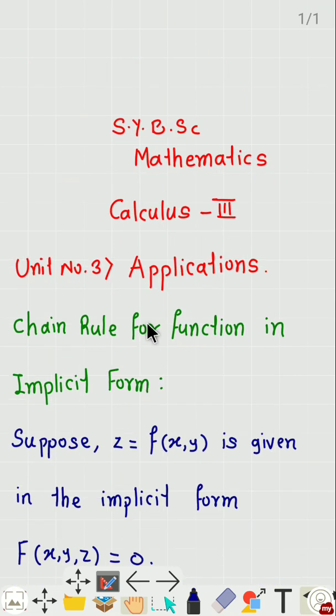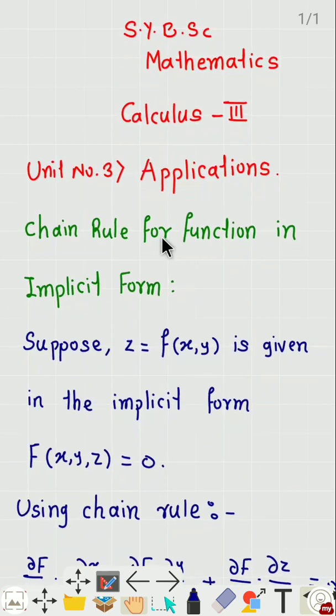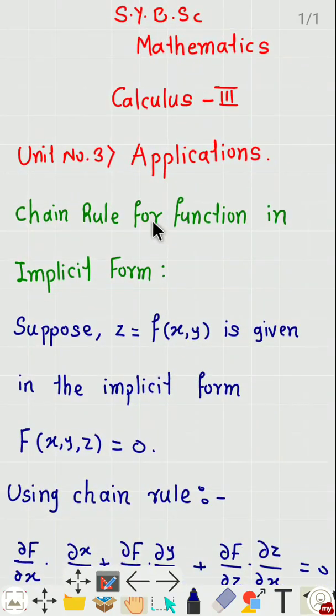In this SYBSC Mathematics class, in this lecture we learn about unit number 3, applications: chain rule for functions in implicit form. Suppose z is equal to f of x comma y, given in the implicit form f of x comma y comma z equal to 0.